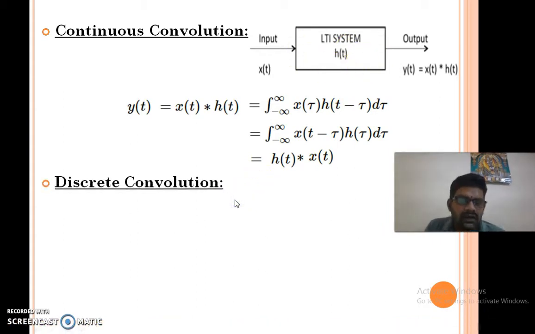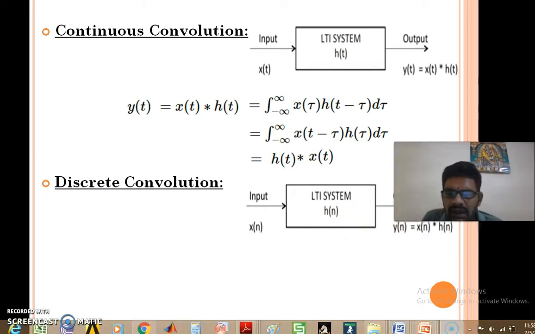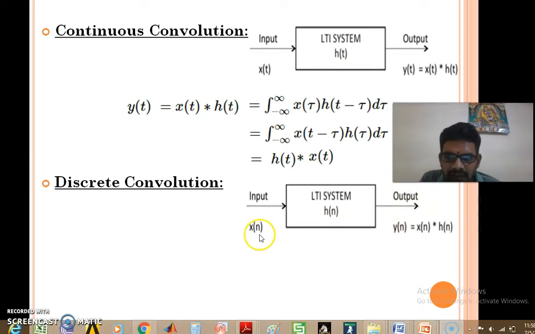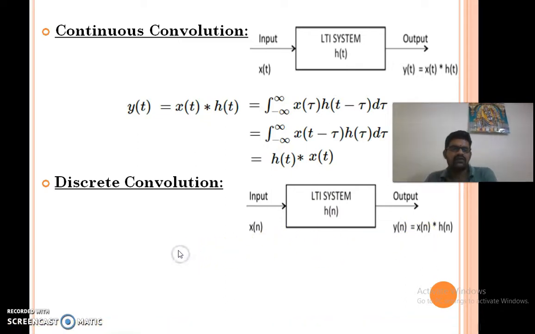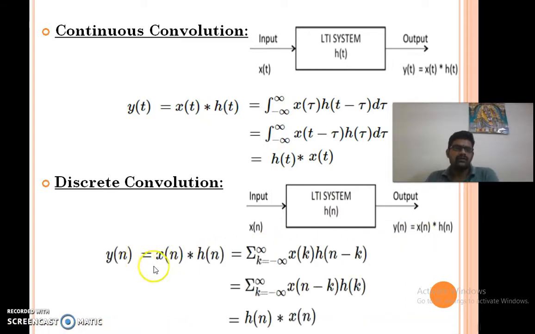And for discrete convolution, the system must be a discrete one. Input is x of n, output is y of n, system response is h of n. So y of n is equal to x of n convolved with h of n. That is, the sum over k from minus infinity to plus infinity of x of k into h of n minus k, which equals the sum over k from minus infinity to plus infinity of x of n minus k into h of k, that is, h of n convolved with x of n.